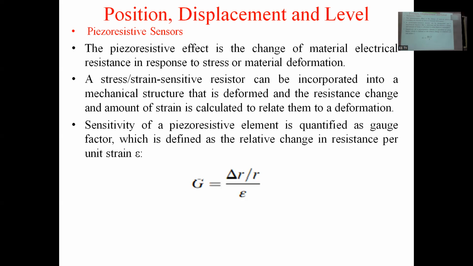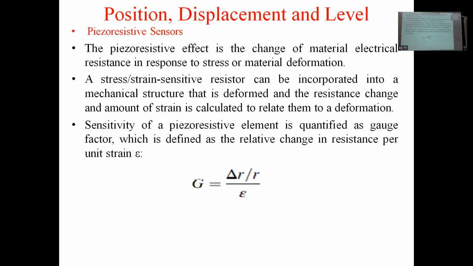Okay, see, there is a deformation it will occur, and the sensitivity of that piezoresistive element, it is quantified as a gauge factor, and gauge factor is defined as G equals delta R divided by R divided by epsilon.